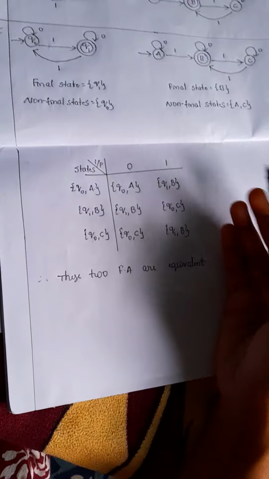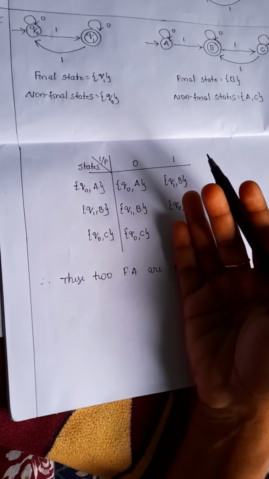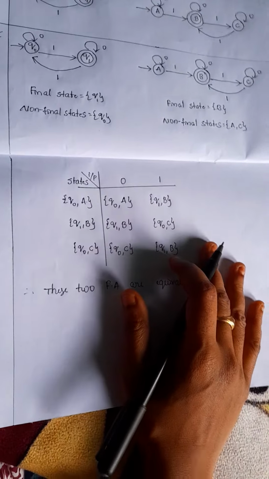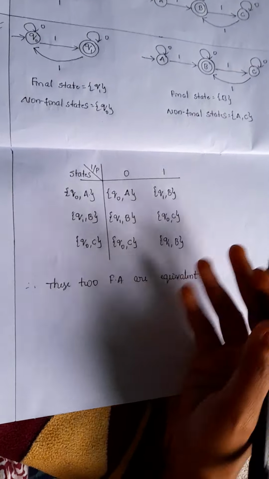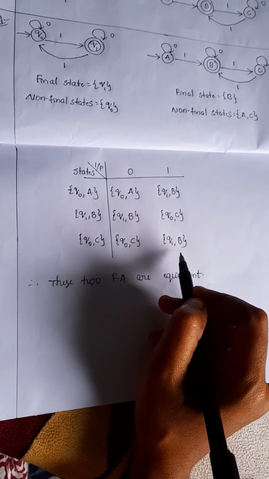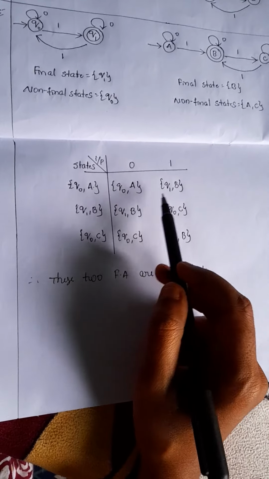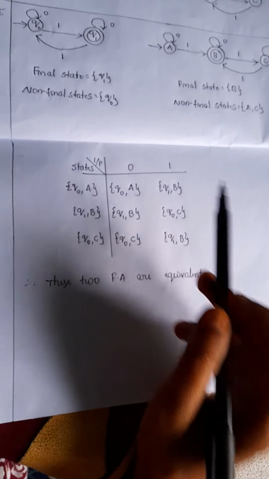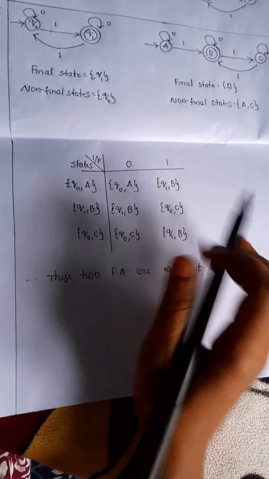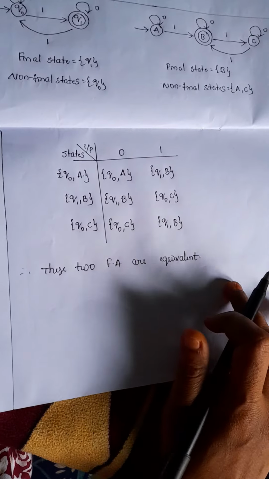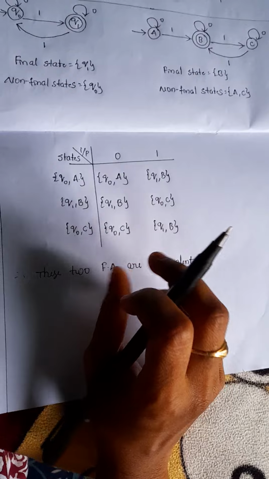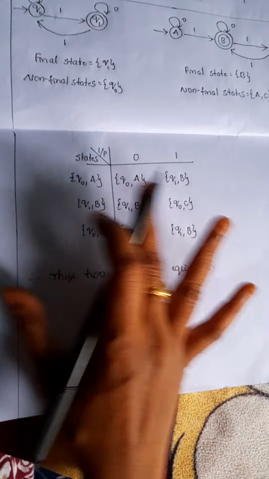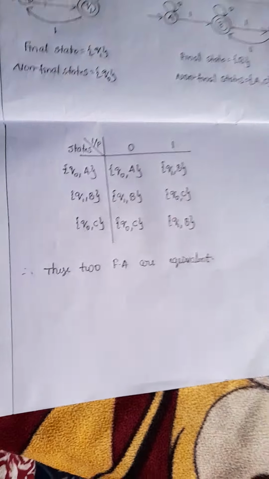If we find any new state, we write its transitions too, continuing until all existing states are covered. Finally we check all the pairs for whether they contain both final states or both non-final states. If so, they are equivalent. Otherwise, if you find any combination with one final state and one non-final state, then they are not equal. Okay, thank you.